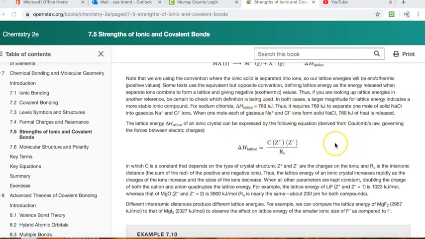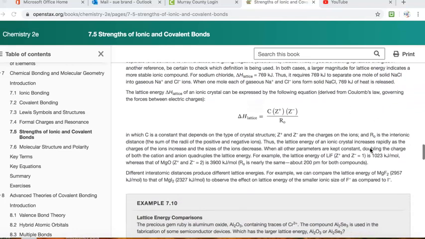So it requires 769 kilojoules to separate 1 mole of solid sodium chloride into gaseous sodium ions and chloride ions. When 1 mole of each of gaseous sodium and chloride ions forms solid sodium chloride, 769 kilojoules of heat is released. So the lattice energy of an ionic crystal can be expressed by the following equation.